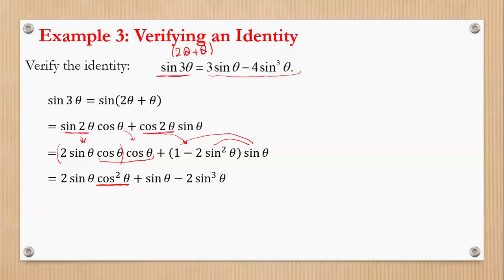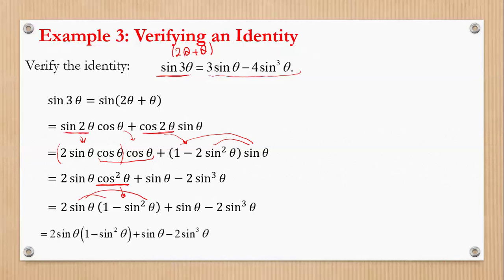The only formula that we have is that cosine squared is always 1 minus sine squared. So we replace 1 minus sine squared for the cosine squared. Then we need to distribute again: 2 sine theta times 1 is 2 sine theta, and 2 sine theta times sine squared is 2 sine cubed theta. This part is repeating actually. So you can see the answers here.